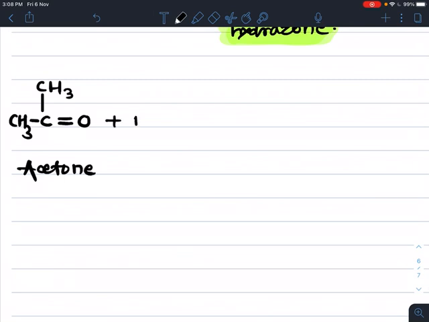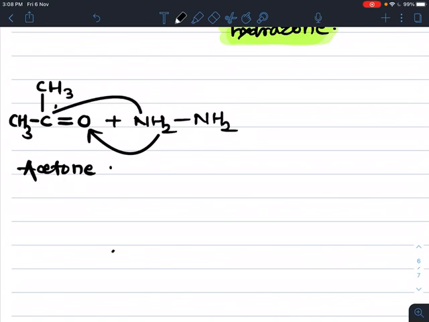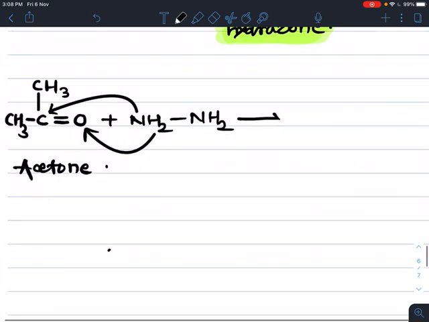When it is treated with NH2NH2, that is hydrazine, in the same way addition takes place. Hydrogen is added to the oxygen, nitrogen is added to the carbon, and we get the addition product. This first step always takes place in weakly acidic medium, so we can write H plus on the arrow.